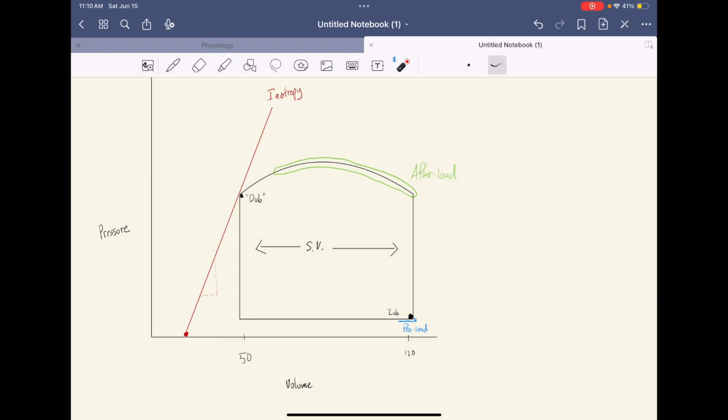So we have this line here also known as the inotropy line. And this line is measured as a slope. We can tell the elasticity or contractility of the heart based on this line. The steeper the line, say it was more so here or even higher, we would know that it takes more force to contract the heart.